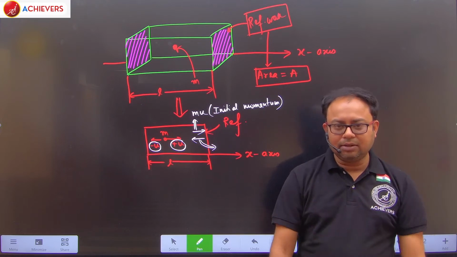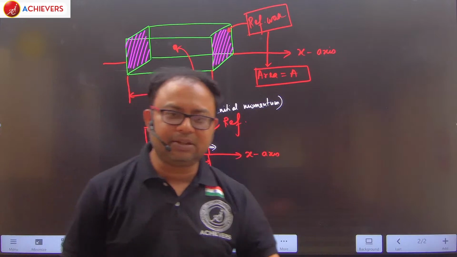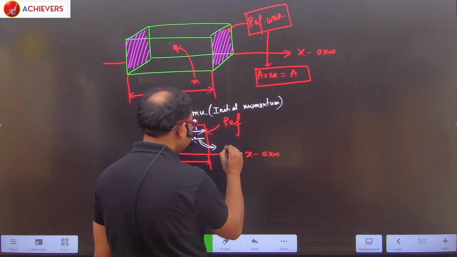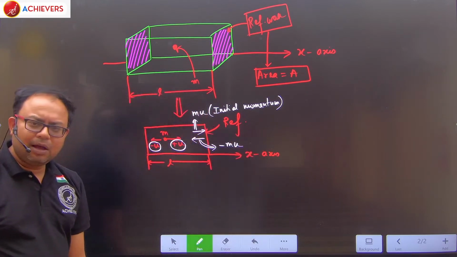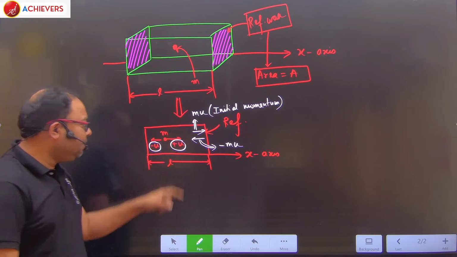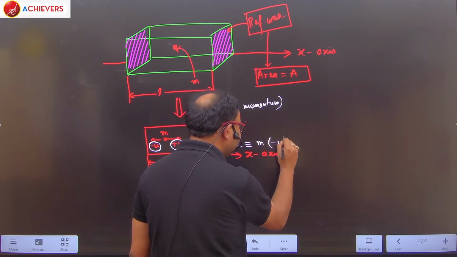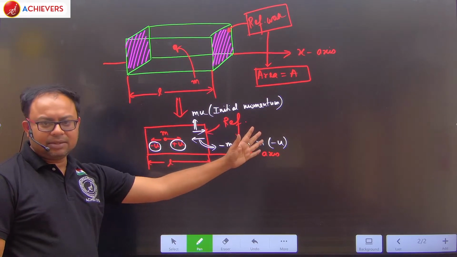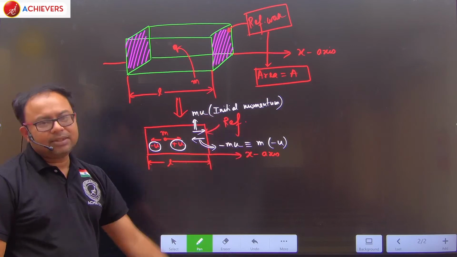The collisions are considered to be absolutely elastic in nature. That means there is no dissipation of energy. So it becomes minus mu after collision. Why? Because it's m multiplied by minus u.